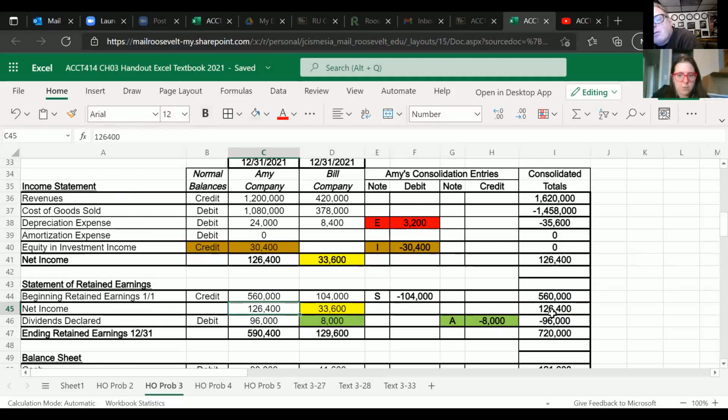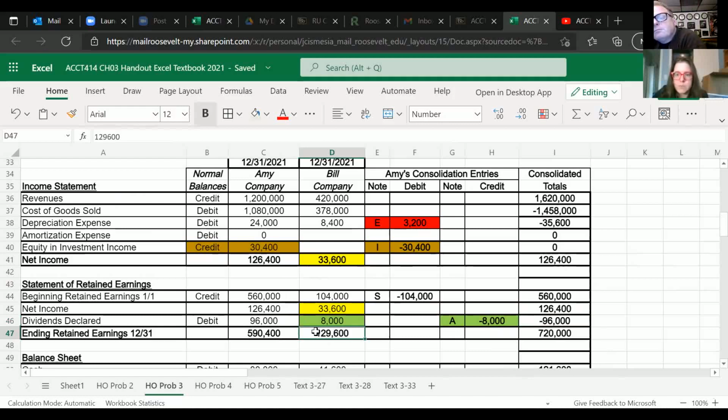Wait, am I supposed to subtract out the 126,400? No, it should be exactly like the parent company, the 560 plus. It should be right here. The beginning balance should be the same, 590,400.